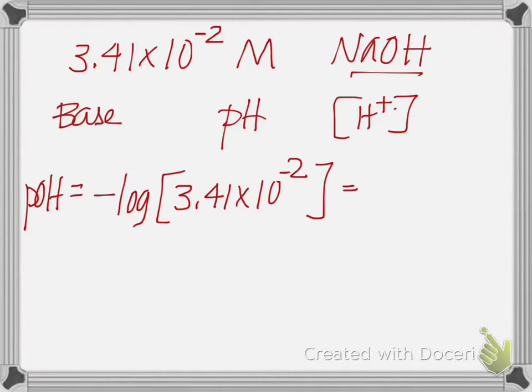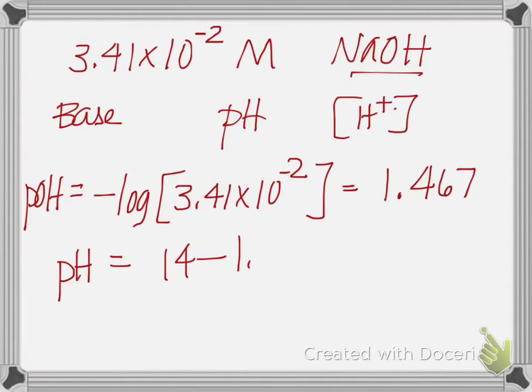And what do y'all get? Say that again. 1.467. Good job on putting enough sig figs on that pH, or pOH rather. So now that's my pOH. So now pH is 14 minus that number.